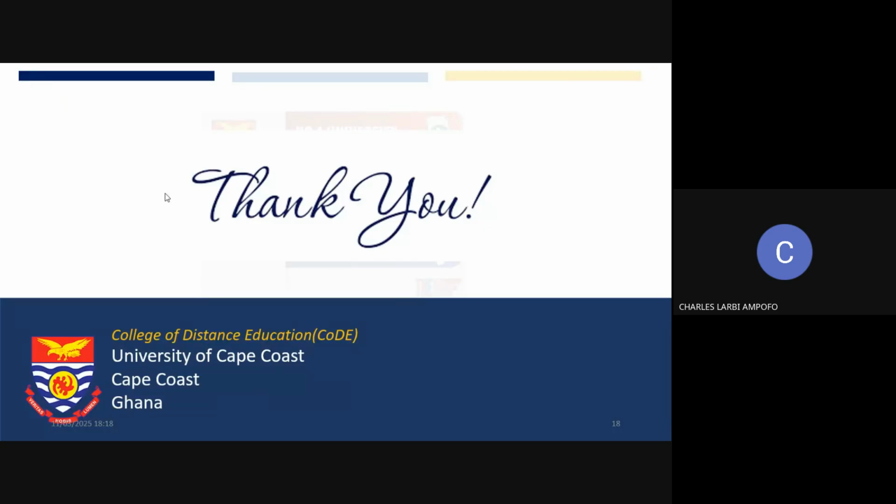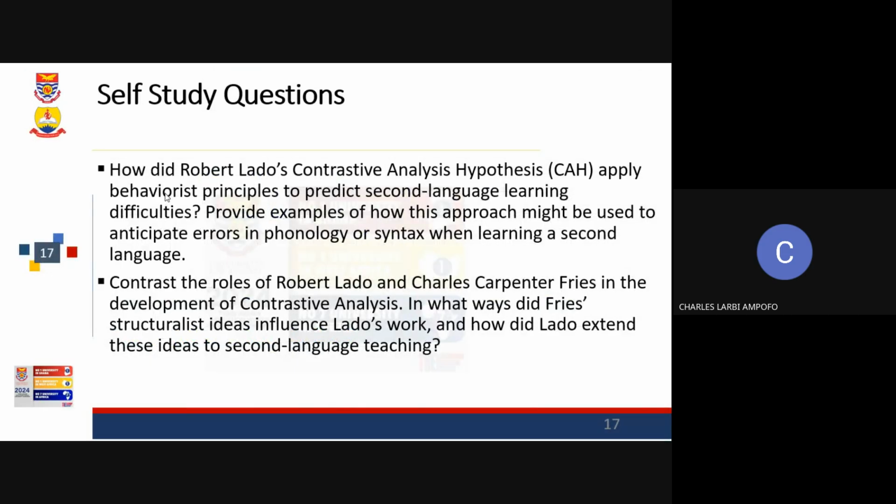Okay, so that brings us to the end of today's lesson. So today what we have basically done is to look at the foundations of contrastive analysis. And we said that it's a linguistic approach that compares languages to find areas of difficulty. All right.